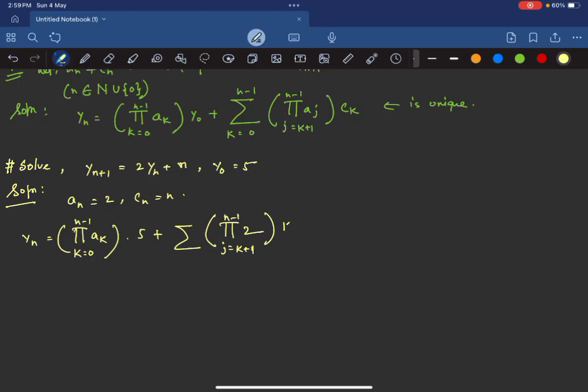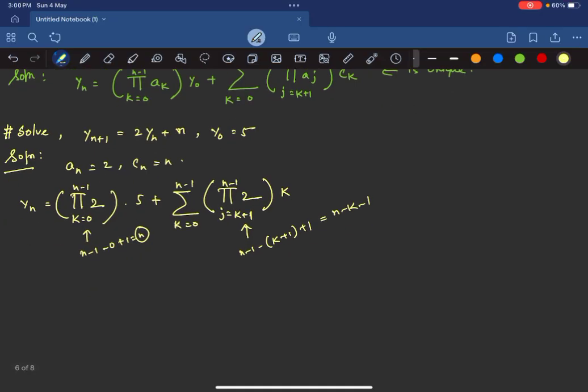What is that? We have cn value n, so ck is k, with k from 0 to n minus 1. Here instead of ak you can write 2. So for the first part, how many elements do you have? n minus 1 minus 0 plus 1, so that is n number of 2's. Similarly, from here, how many 2's do you have? n minus 1 minus (k plus 1) plus 1, so basically n minus k minus 1 number of 2's you have here.